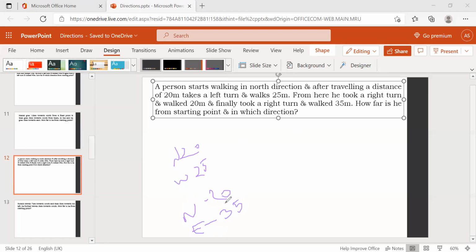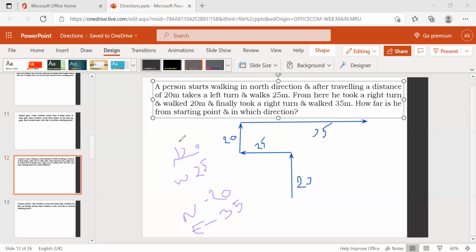So this is the way: north 20, then west 25, then again north 20, and again east 35.